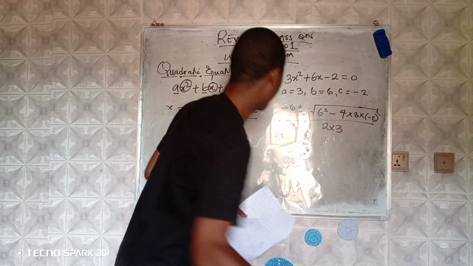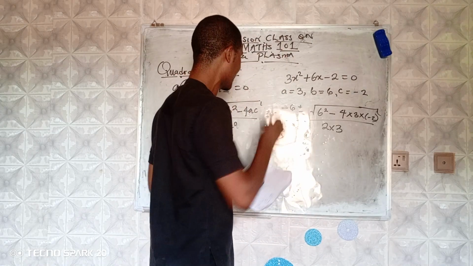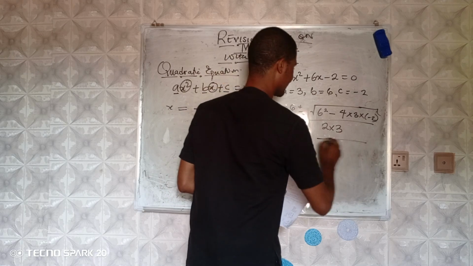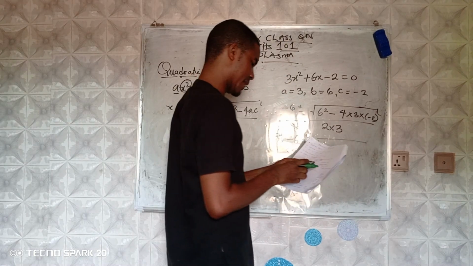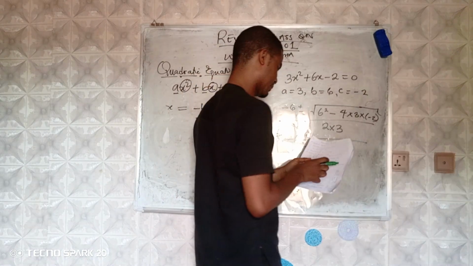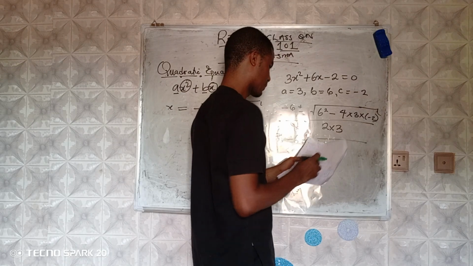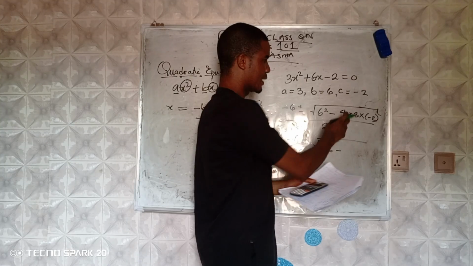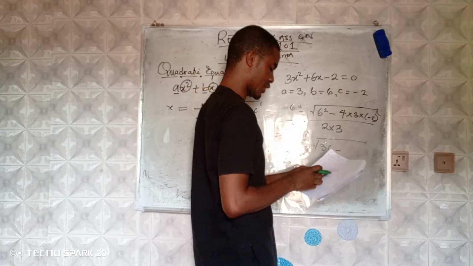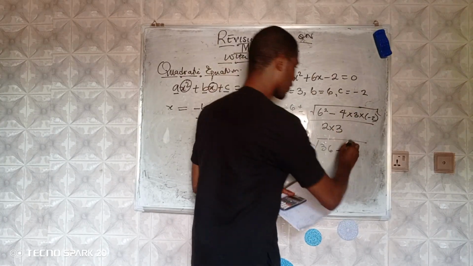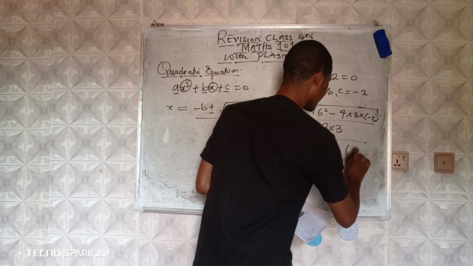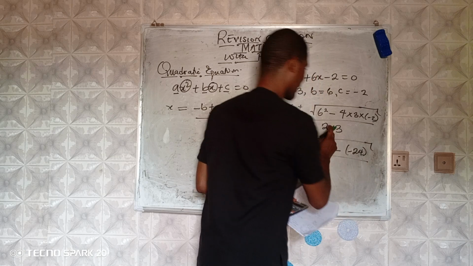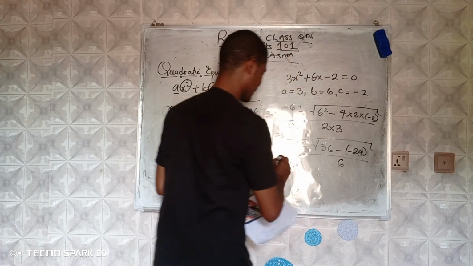I pick my calculator to be handy. Now I have minus 6 plus or minus root of 6 squared, which is 36, minus 4 times 3 times minus 2. 4 times 3 is 12, 12 times 2 is 24, that's minus 24. 2 times 3 is 6.